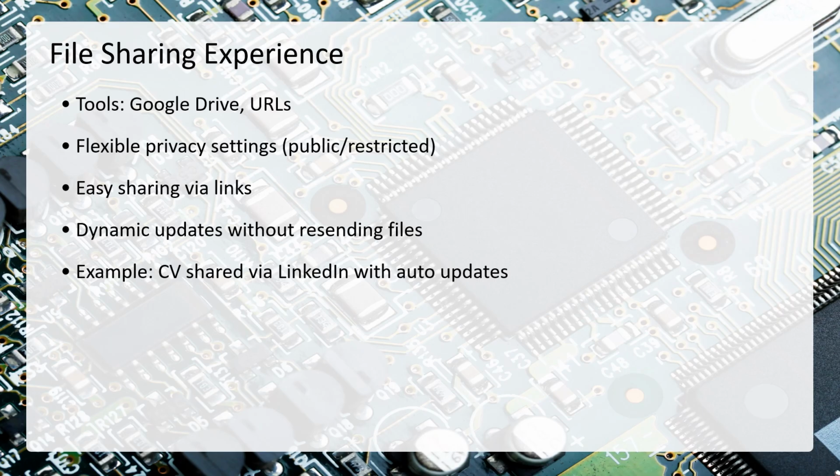So I'll send a URL in the form of a file path or a path to my Google Drive document, and I'll send that URL to the recipient. And then if I want to go in and change something, I don't have to upload another file and send it as an attachment to the person saying, oops, sorry, I just realized I have to do this.